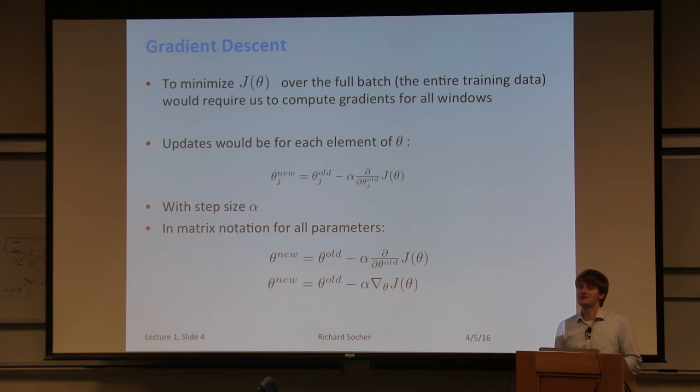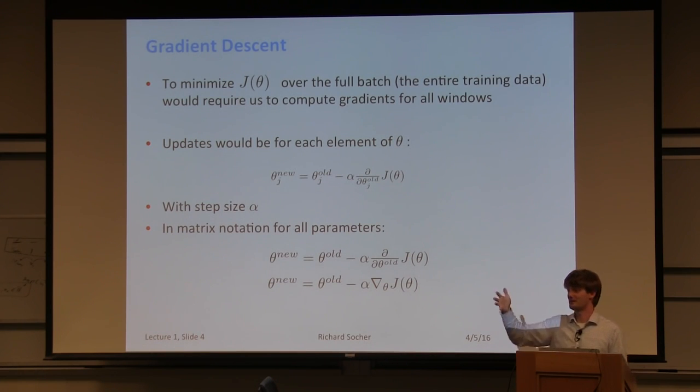The simplest thing we could do to optimize this is to directly minimize, in many cases, our objective function J over the full batch, as in the entire training data. But that would require us to compute the gradients for all the different windows.